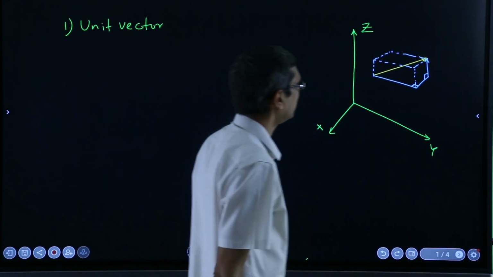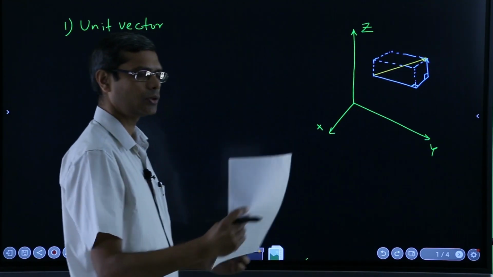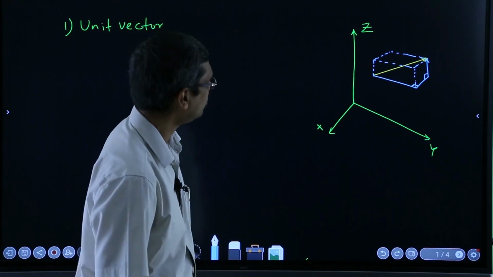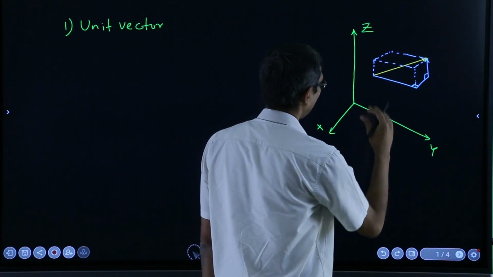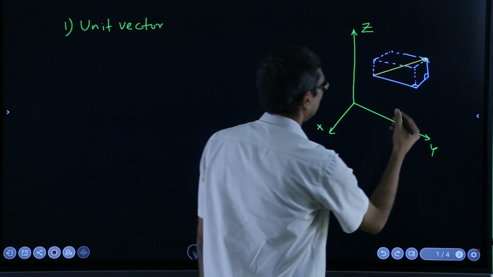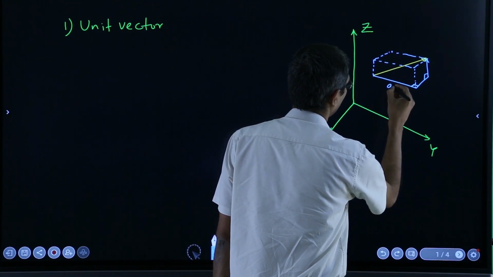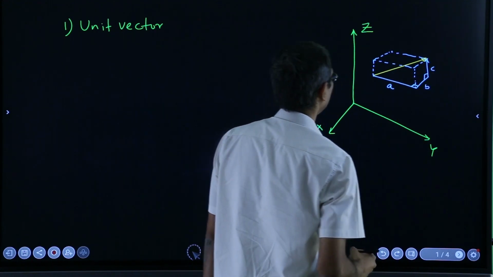So, from the tail to the tip of the vector, you can consider that to be the main diagonal of a cuboid, and that cuboid's dimensions will give you the information about the unit vector. So, suppose this is A, this is B and this is C, then this will be the unit vector.